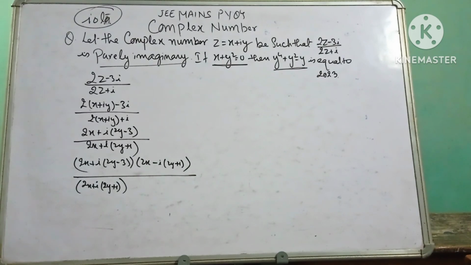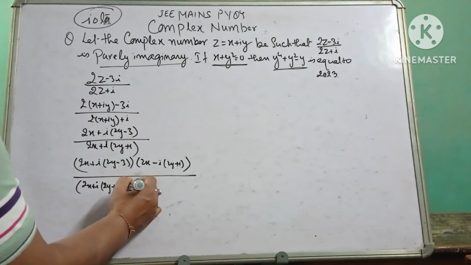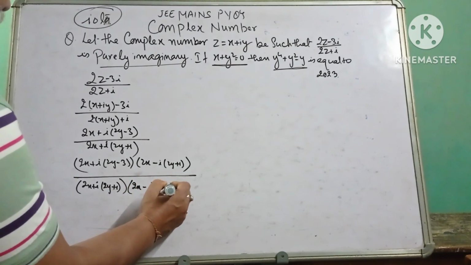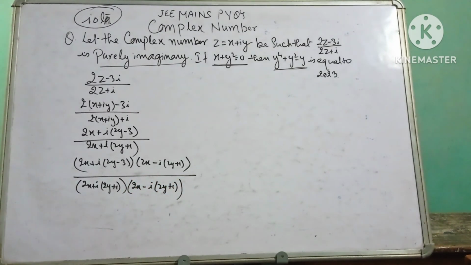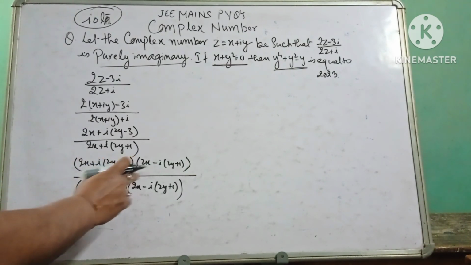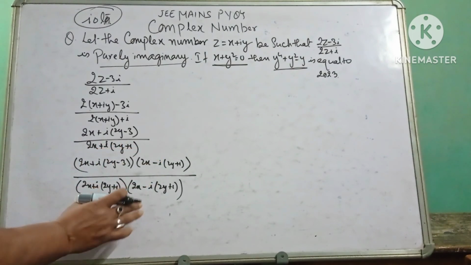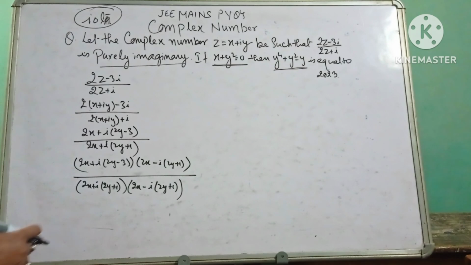For convenience I speak it as i, but this is iota. 2x minus iota 2y plus 1. So now you have to do a multiplication, and here this is easy, but here this is a long multiplication.